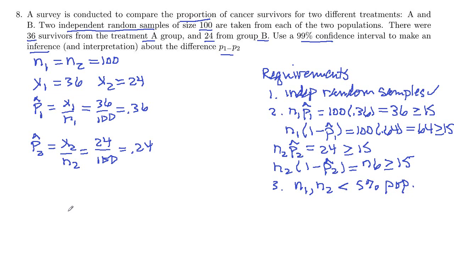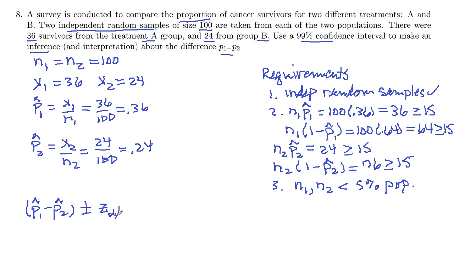And then let's go ahead and write out our formula for the interval here. That's going to be P1 hat minus P2 hat as our point estimate, plus or minus. And with proportions, you always use a z interval.